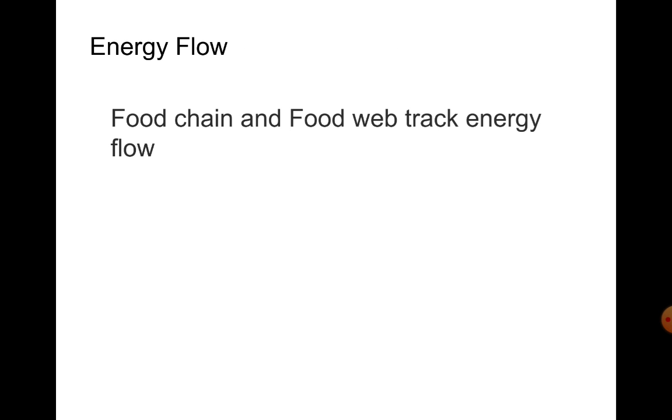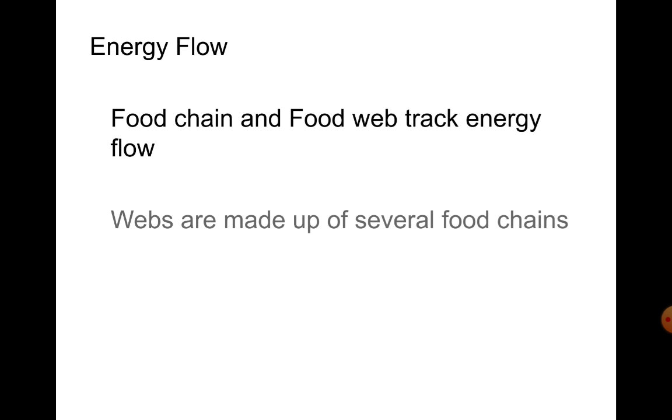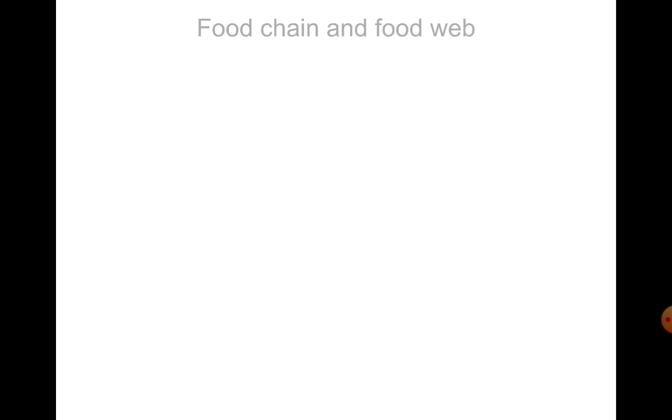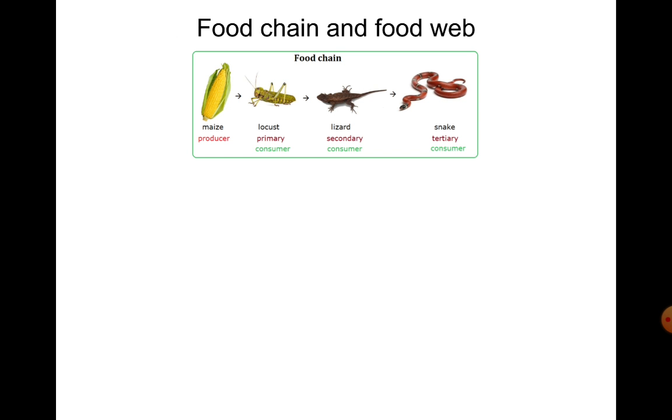Now let us look at the energy flow. Well, we need to understand a little bit what we mean by food chain and food web to track energy flow. Food webs are actually made up of several food chains. And here is an example of a food chain.